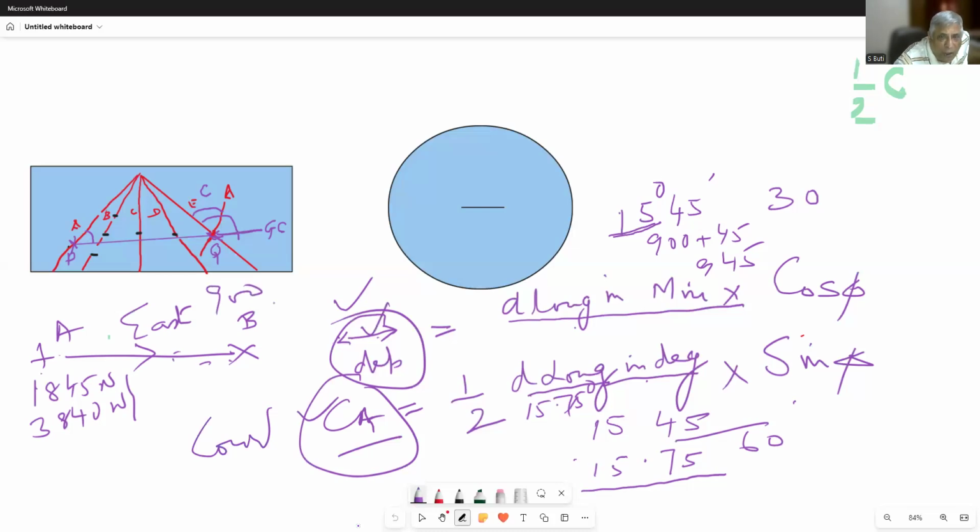I will find out dlong in minutes, convert it into degrees and minutes after applying this formula, and then apply that here. If I am at 38 40 west and going towards east, my longitude will decrease.